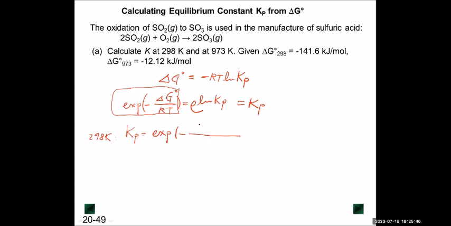So negative 141.6 kilojoule. And R is 8.314, with the unit in joules, times the temperature, 298 Kelvin.